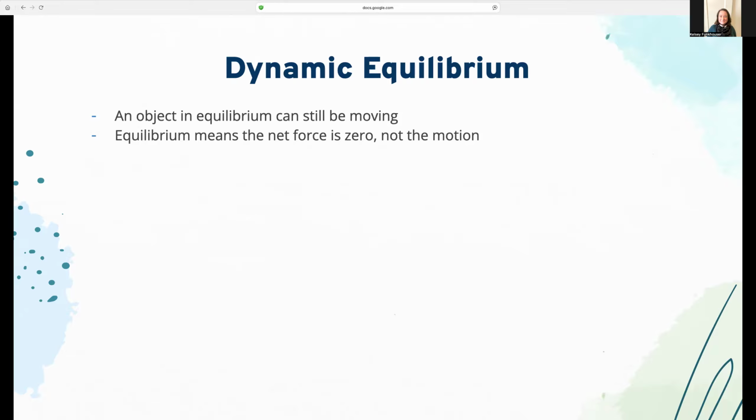That means a non-zero net force. And if motion is changing, that's how we know an object is not in equilibrium. But if the motion is constant, so if it is either not moving at all or moving at a constant velocity, then it is in equilibrium.